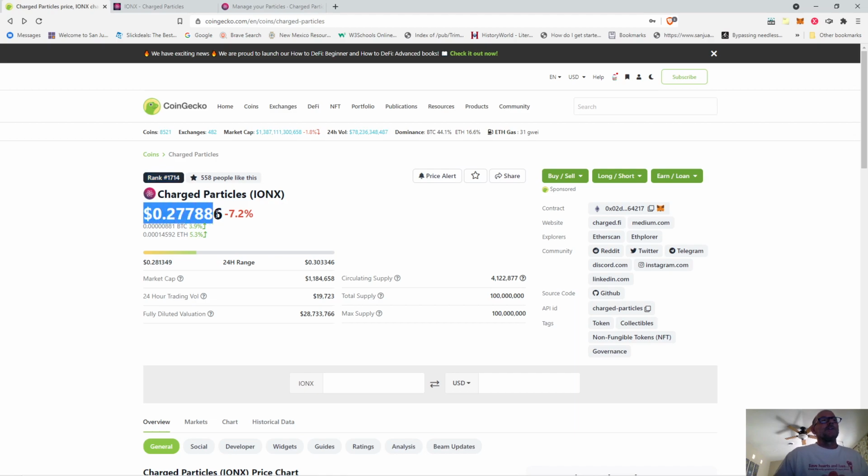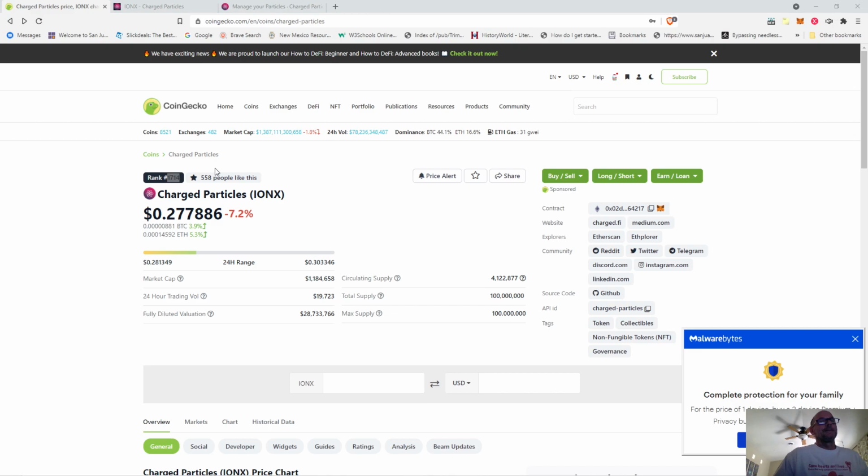Almost never want to look at the price right away because that doesn't tell you hardly anything. The rank tells you where it is in the great scheme of the cryptoverse, but that also gives you an idea of what the market cap is. So we're looking at 1 million. So that's kind of nice that almost 2,000 projects have over $1 million of market cap. So that's pretty cool. Okay.